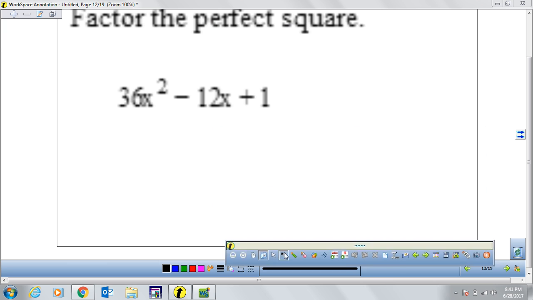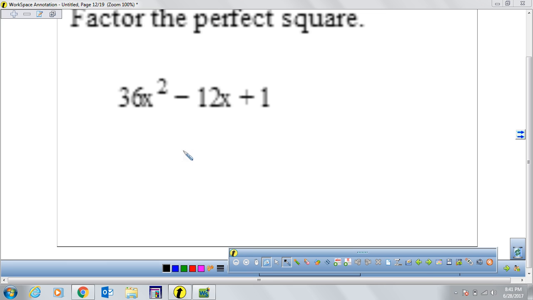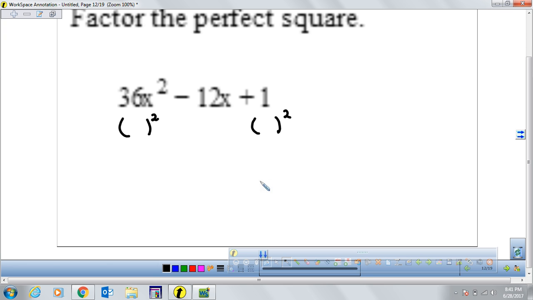Factor the perfect square. With the formula, this is what you have to do first. You need to find something that when squared gives me the first term and something that when squared gives me the last term. Here it would be 6x times 6x is 36x squared. Likewise, 1 times 1 is going to give me 1, so 6x squared and 1 squared.